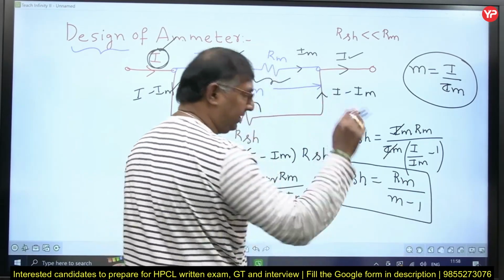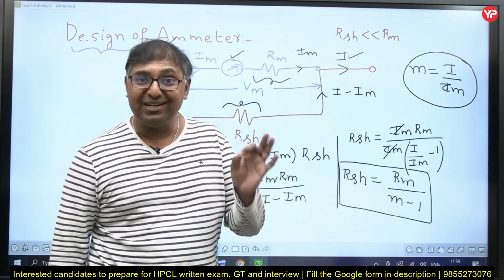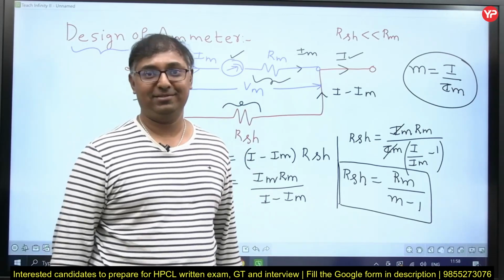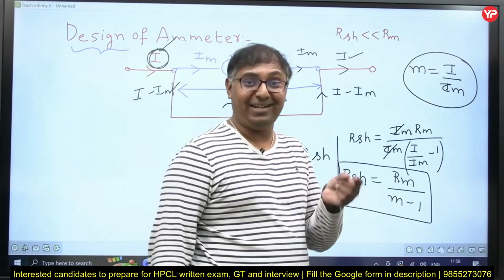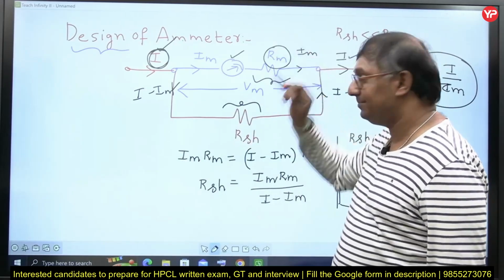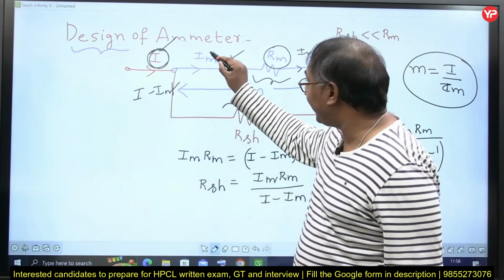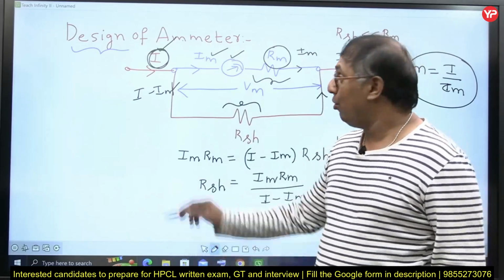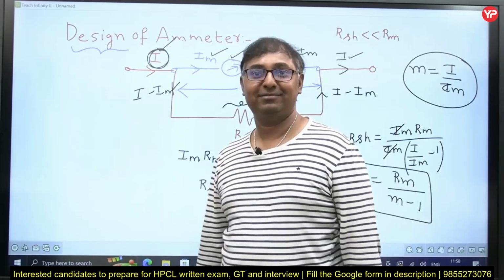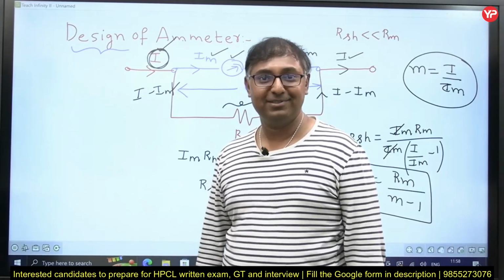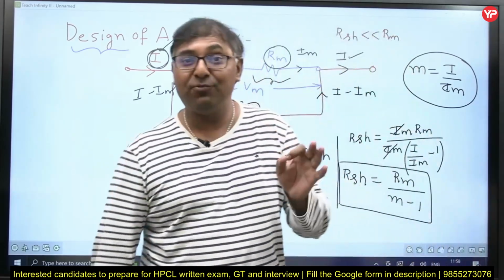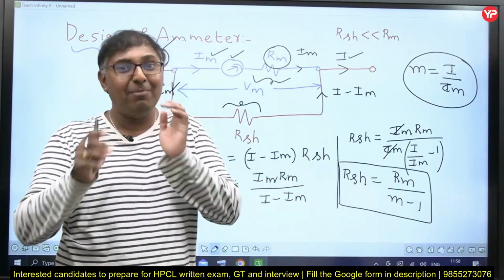Ammeter design is ready. What value of shunt resistance has to be connected? RM by M minus 1. To calculate RSH, what data has to be given? Meter resistance, allowable current, and the value of current which a customer is supposed to measure. Then you will get the answer.